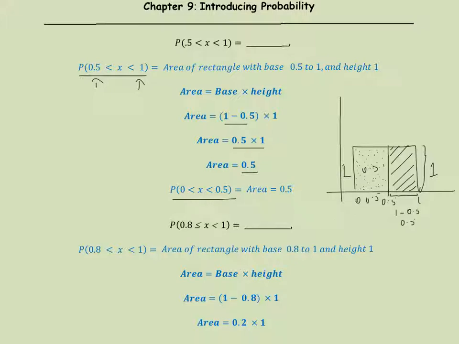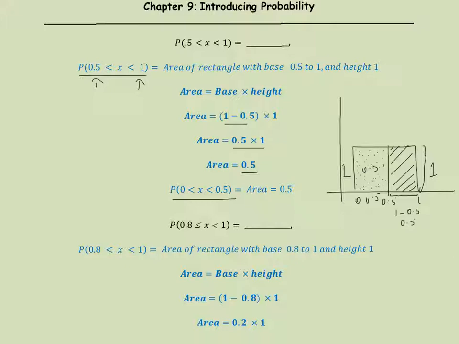So finding probabilities in this particular type of problem, where the probability density curve is just a rectangle, boils down to finding areas of rectangles. As long as you know the height of the rectangle, we can figure out the base and multiply the two to get the area, which is also equal to the probability.